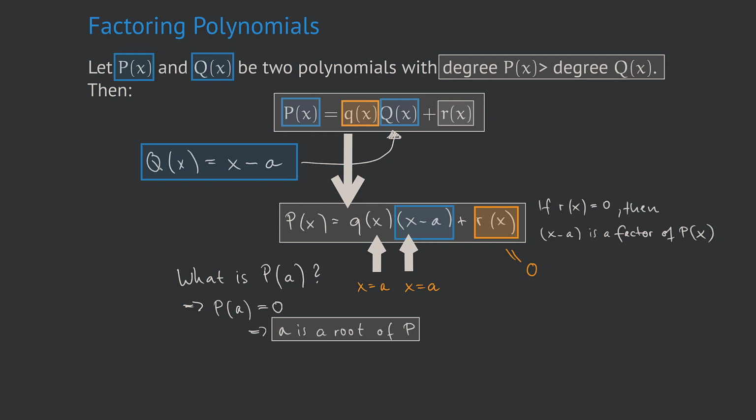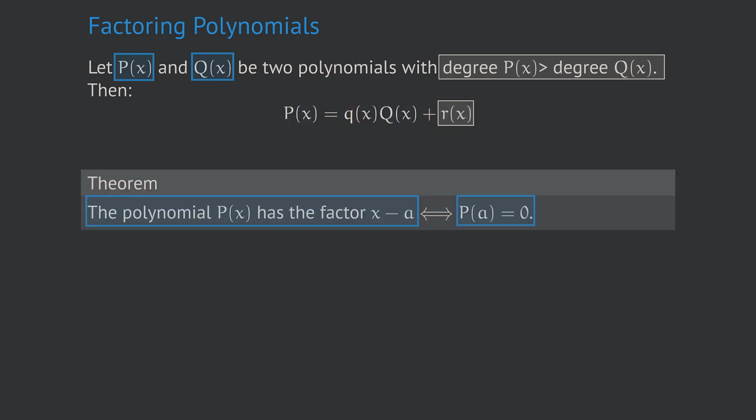Now admit it's getting a bit confusing, so let's summarize everything in a precise theorem. It says that the two blue-boxed statements are equivalent. The one direction of the argument says the following: if the polynomial p of x has the factor x minus a, then we know that p of a equals 0.